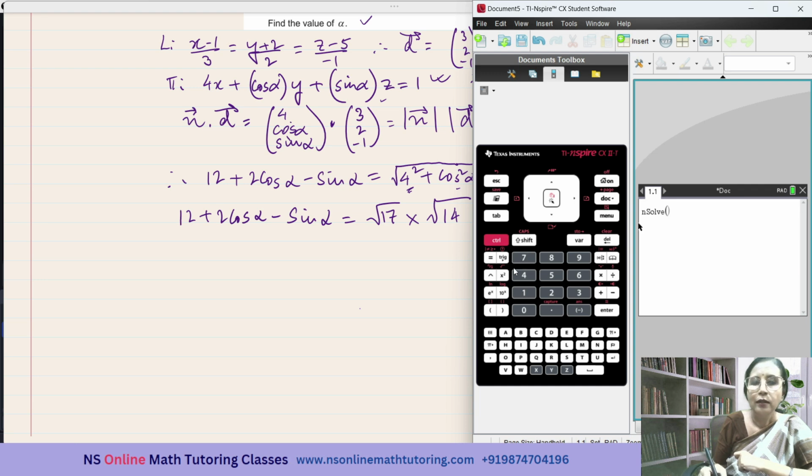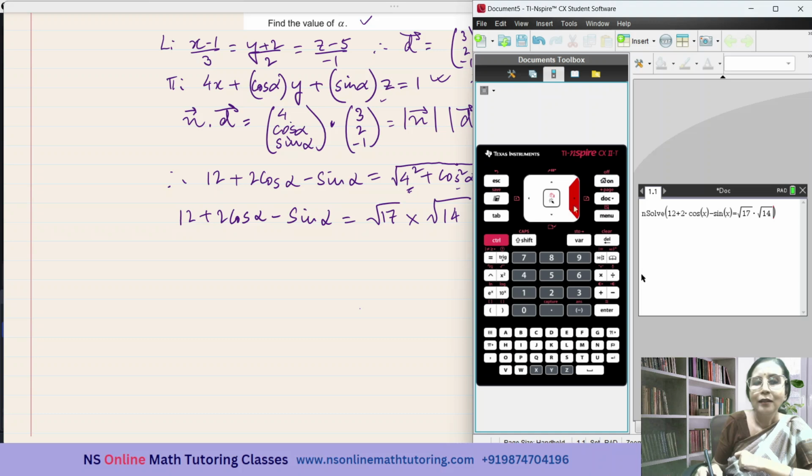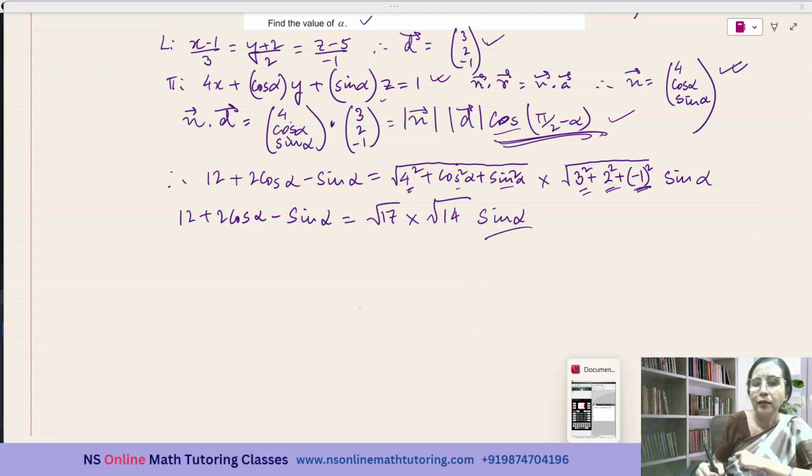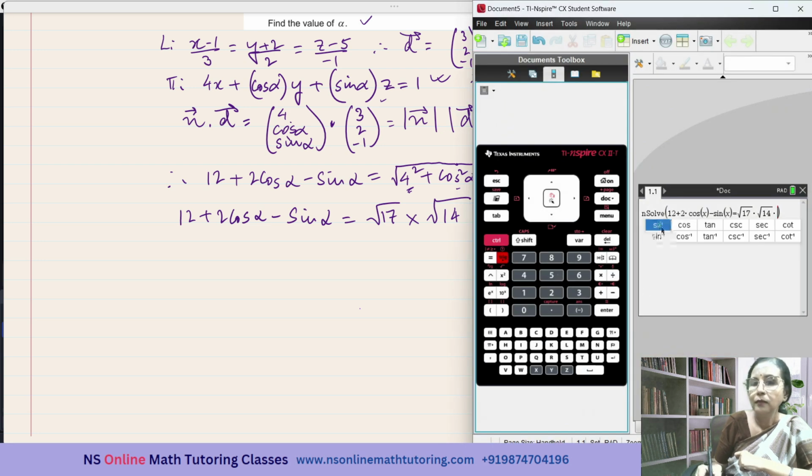In solve, it is 12 plus 2 cos x, I'm taking x, minus sine x, equal to square root of 17 times square root of 14, times by sine x.